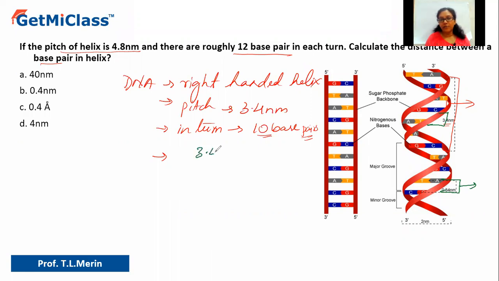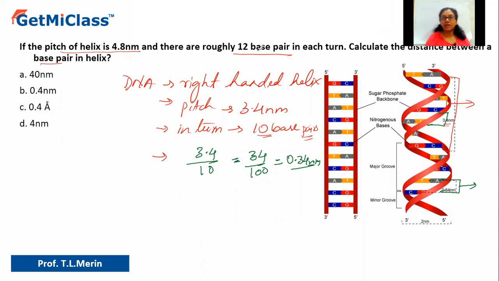It is 3.4 by 10. So that will be 34 by 100, and that will be your 0.34 nanometer. So the distance between two bases in the same strand will be 0.34 nanometer. So that is in the normal case.